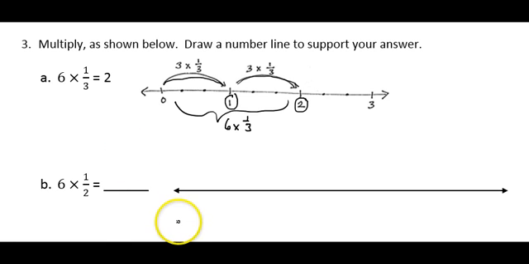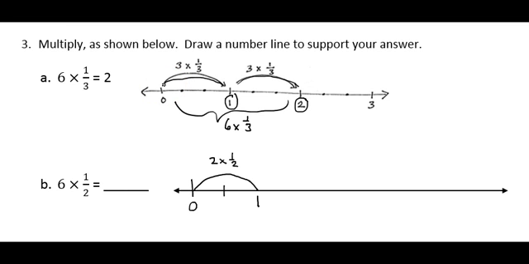Okay, now let's do one down here. This time we have 6 groups of 1/2. So if I start at 0, since I'm working with halves, I know that it takes 2 halves to make a whole. So my first jump is going to be 2 times 1/2, because that's going to land me at 1 whole. And I'm going to show my halves.